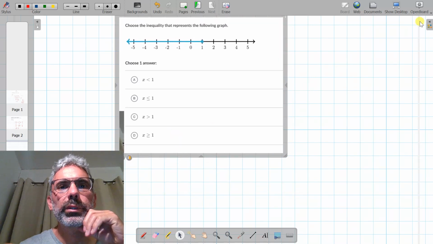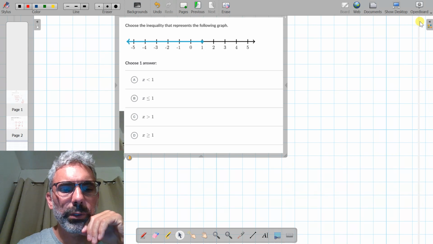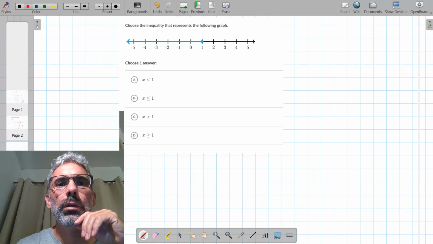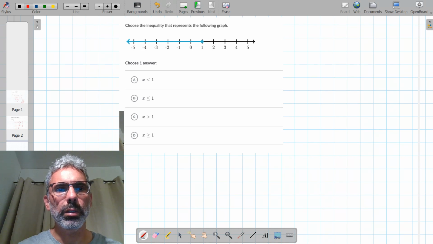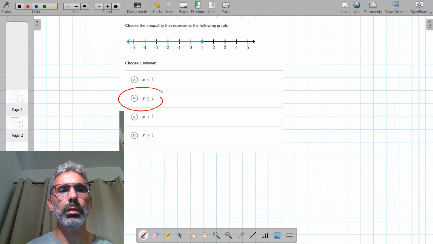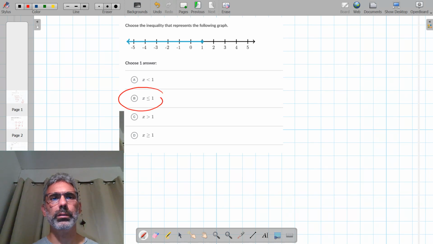Okay, so we see that the circle is solid, so that means that 1 is included in the solution set, and all the numbers are less than 1, so x is either less than 1 or equal to 1. Okay, so B is the correct answer.